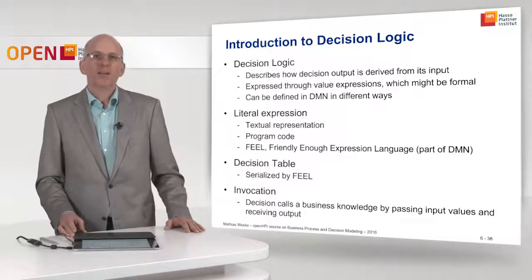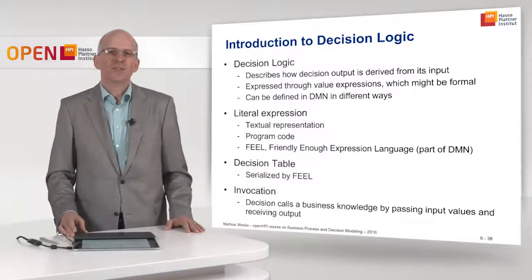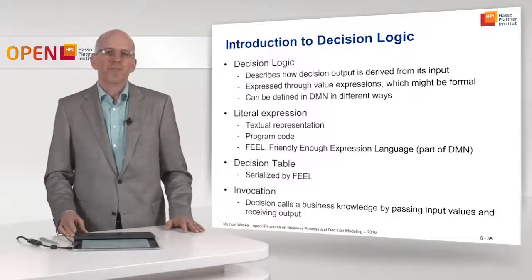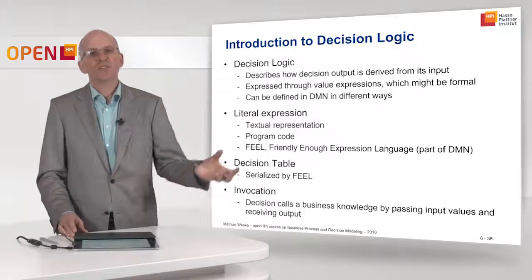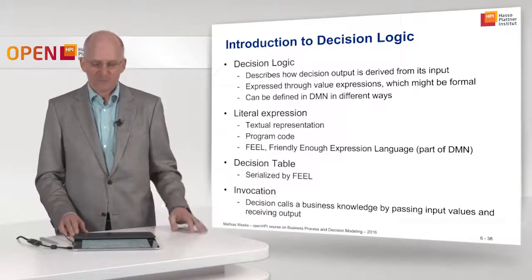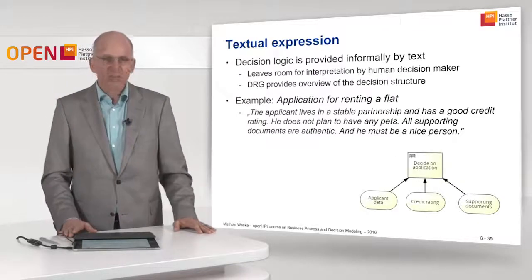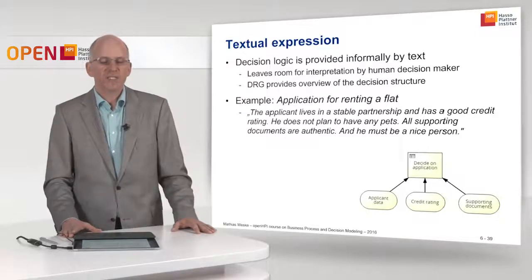Finally, we can specify decision logic through invocation. And we've seen in the last video lecture that a decision can call a business knowledge by passing input values and then receiving output values from the business knowledge. So let's look at these different ways of specifying decision logic in a bit more detail.